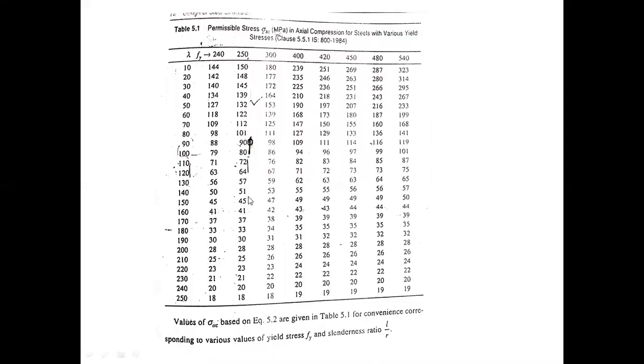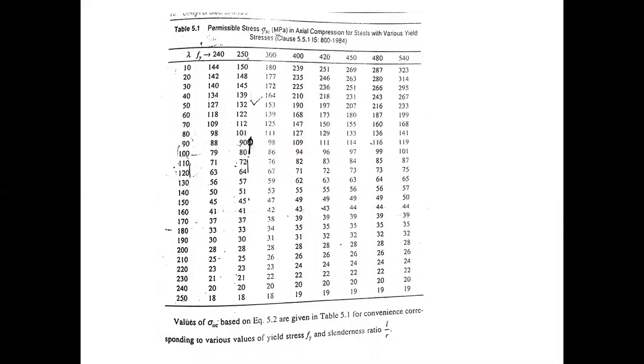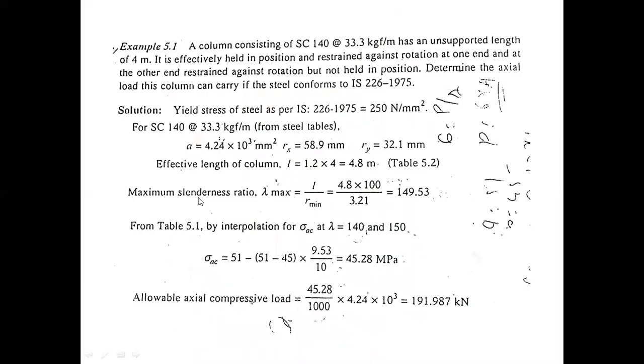The interpolation formula is derived from mathematics, it is a mathematical formula. So how can we interpolate it? 51 minus 45 into 149.53 minus 140 upon 150 minus 140.